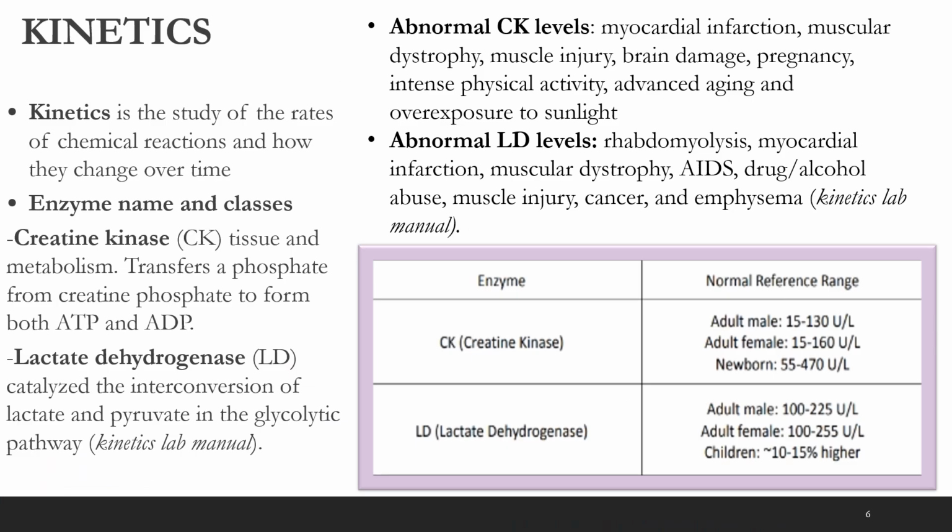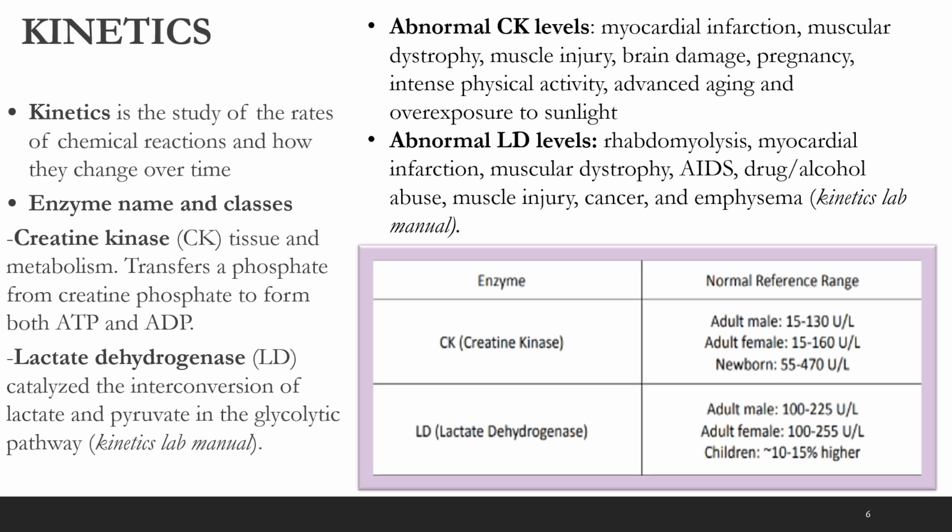Kinetics is the study of the rate of chemical reactions and how they change over time. In clinical settings, kinetics can be used to determine the effectiveness of drugs, enzymes, and other substances in the body. We're going to analyze two enzymes, CK and LD. They are both associated with cell metabolism and energy production.